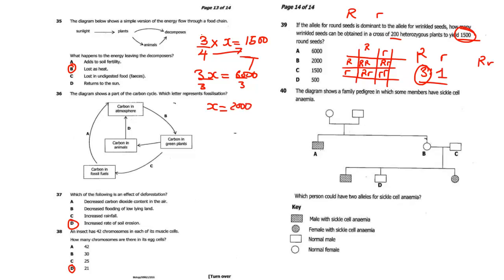So the total was 2,000. Now to find the wrinkled one, we subtract the total minus what was for round. And this gives us 500. So the answer therefore is D.